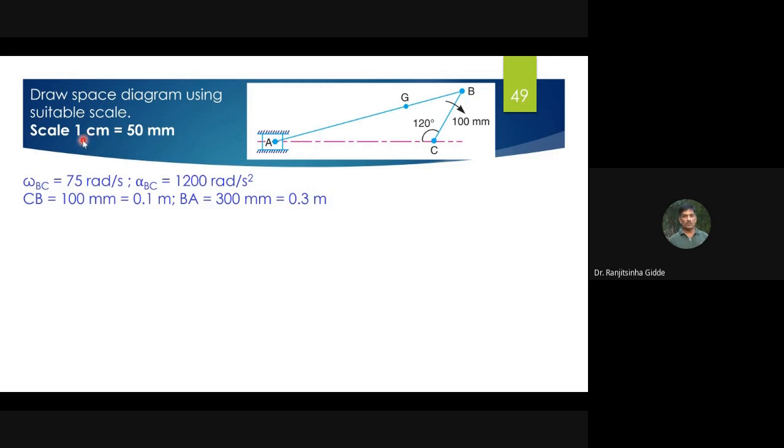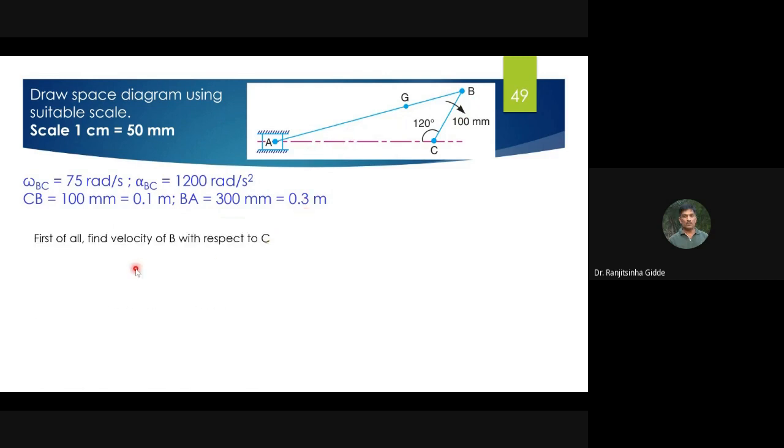With respect to the scale, 1 centimeter is equal to 50 mm, we have taken 2 centimeter because CB is equal to 100 mm. Then BA is equal to 300 mm, and this one is 6 centimeter. Accordingly, we have drawn the space diagram.